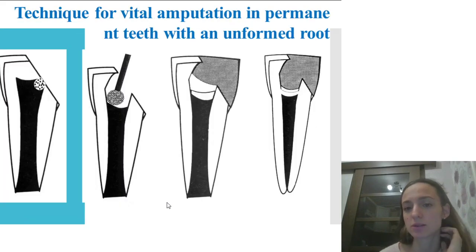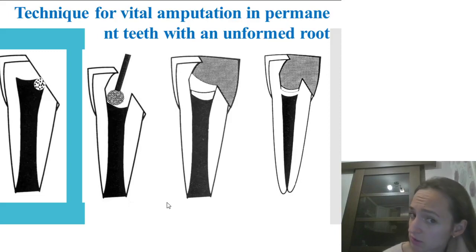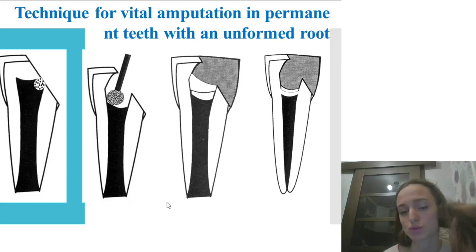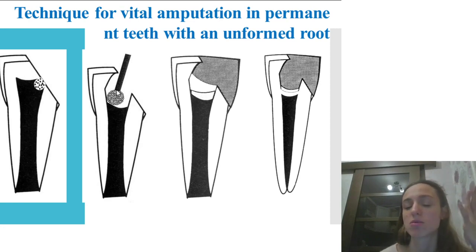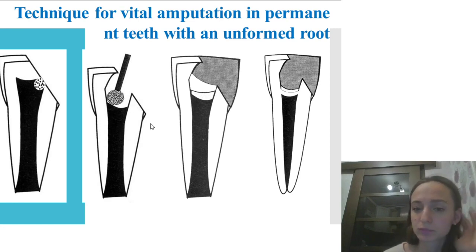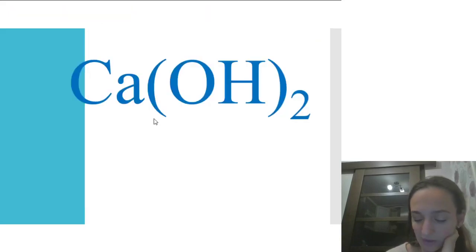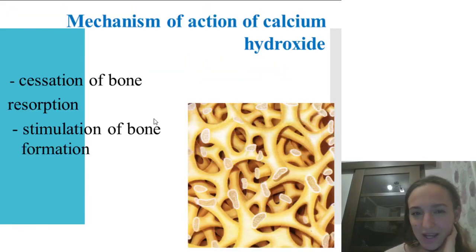Then the technique for vital amputation in permanent teeth with unformed roots. Look please. Also, we work only with the crown or pulp. It is calcium. Then the mechanism of action of calcium hydroxide.